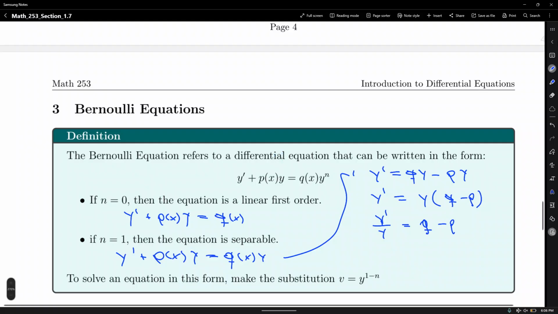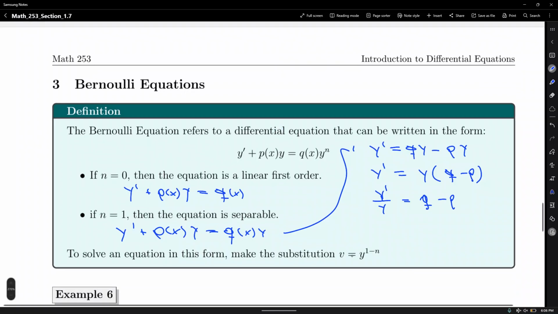So, all right. How do we go about solving a Bernoulli equation? A Bernoulli equation relies on the substitution v equals y to the 1 minus n. All right, guys, so this is really a pattern. What do we have so far? So far, we have dealt with separable equations, and then they were followed by linear first order equations.